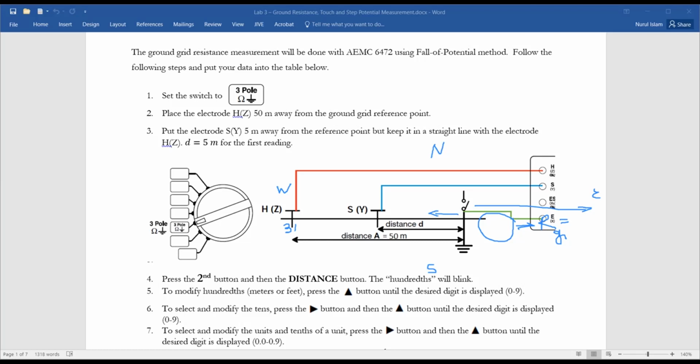I want to go to the east from this reference point, or to the north or south, or in between, whatever direction I want. Will that be appropriate for me to get the ground grid resistance? Please think about it and answer.